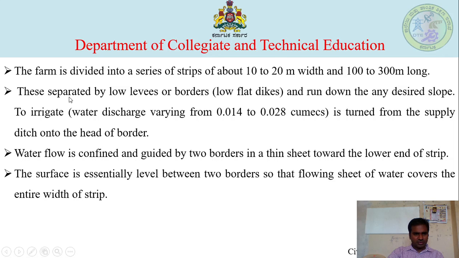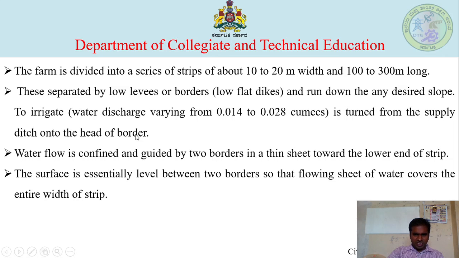These strips are separated by low levees or borders and run down any desired slope longitudinally. To irrigate, water is turned from supply ditches to the head of the border.